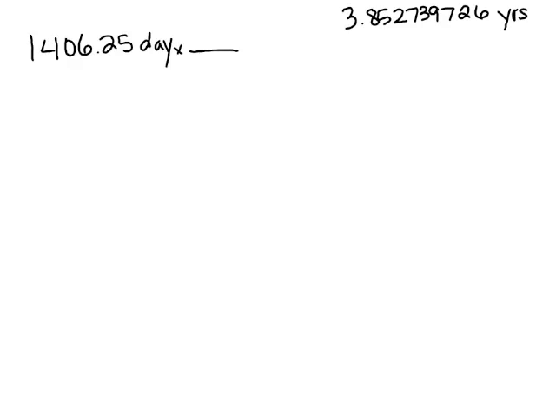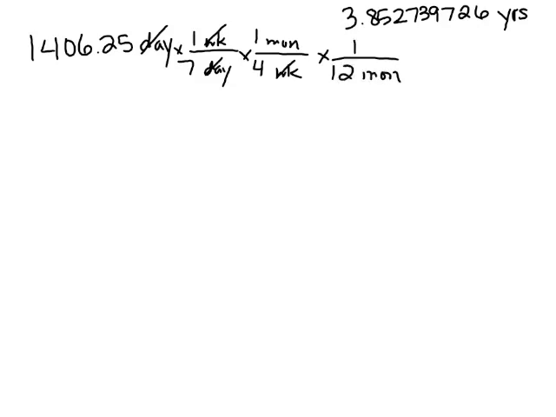Okay, converting directly from days to years, that's what we got. Now let's go the long way. So days to weeks. 7 days, 1 week. Days cancel. Weeks to months, let's say 4 weeks, 1 month. Weeks are gone. How many months in a year? 12 months, 1 year.